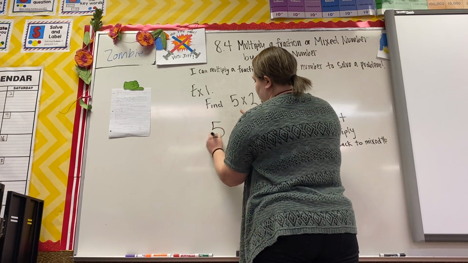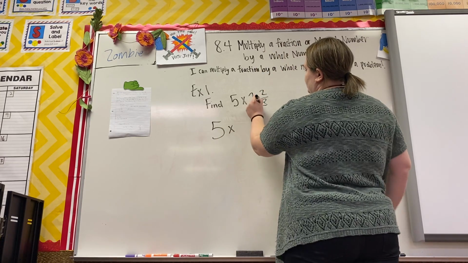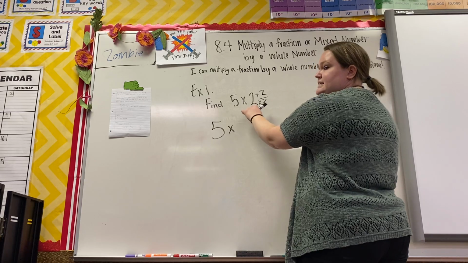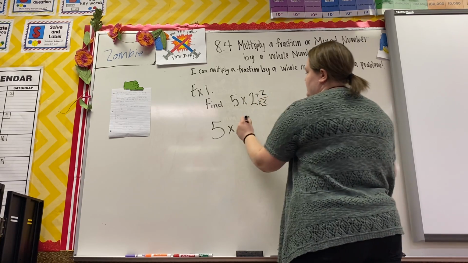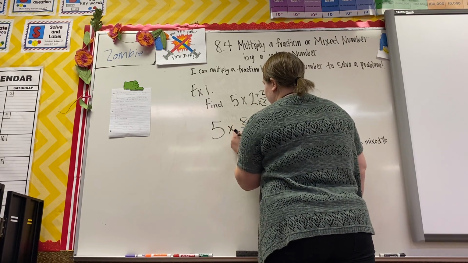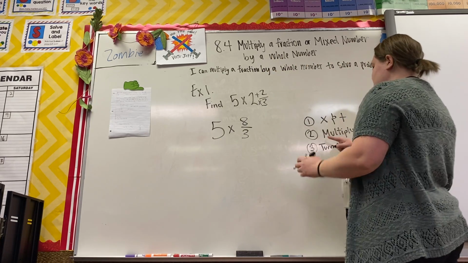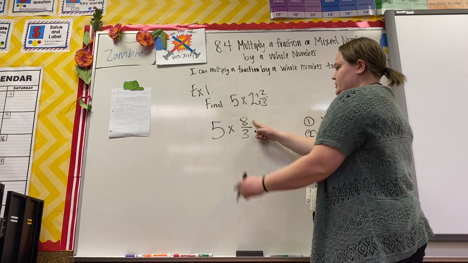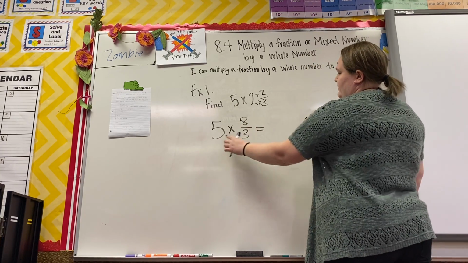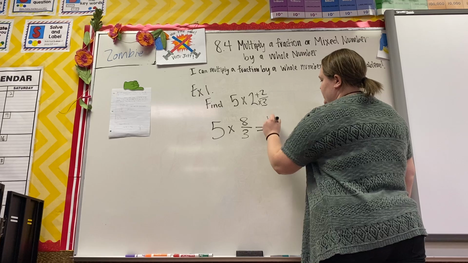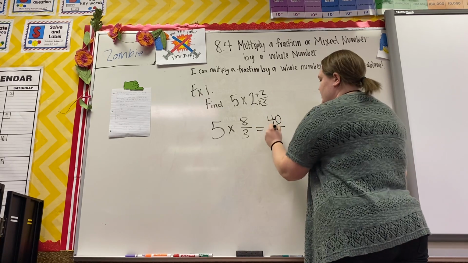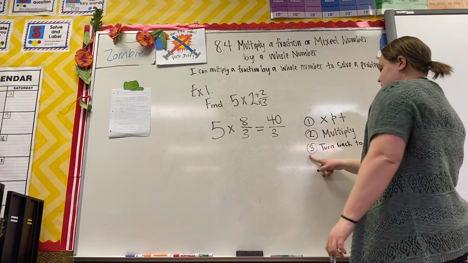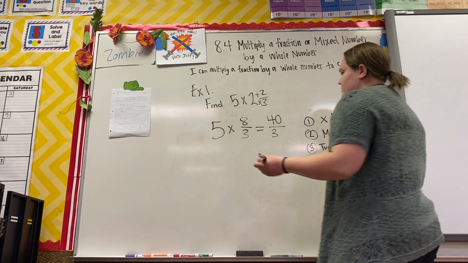We're going to keep our whole number of 5 times, so we're going to times and add. 3 times 2 is 6, plus 2 is 8 over 3. All right, step 2 is to multiply. So we multiply our whole number by our numerator, and 5 times 8 is 40 over 3, because we keep our denominator the same. Step number 3 is to turn back into a mixed number.